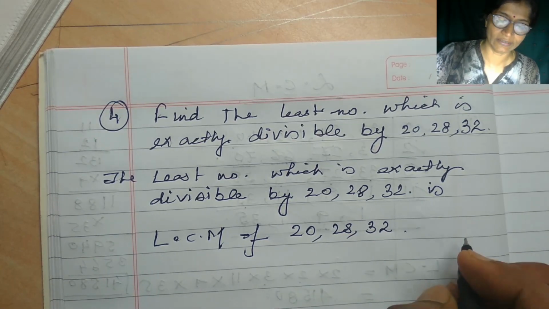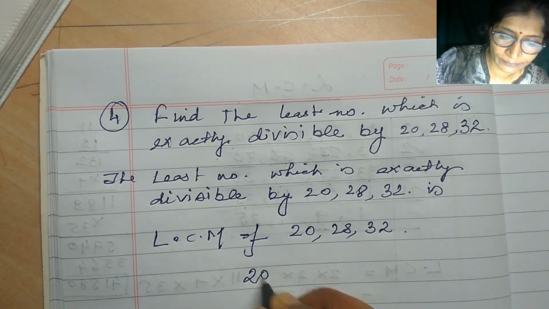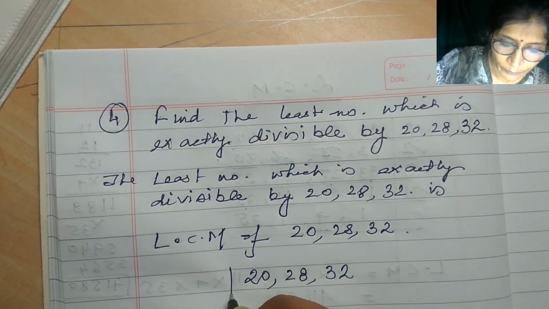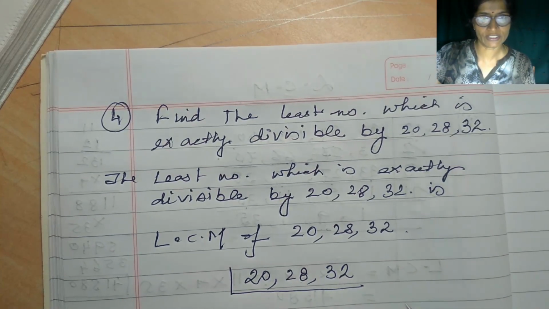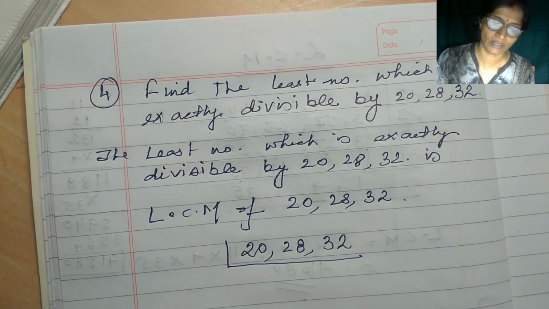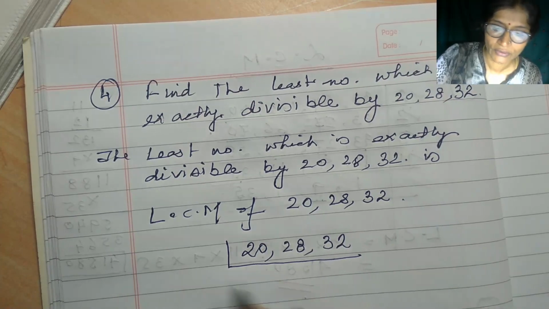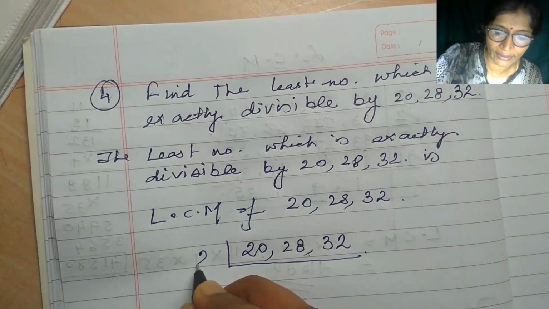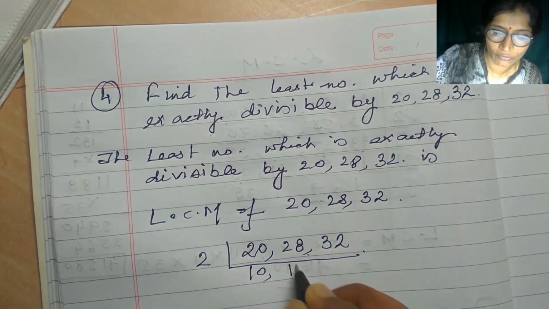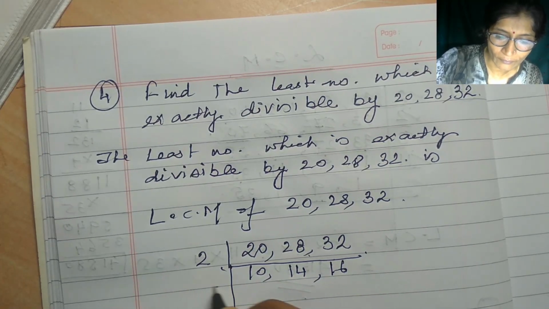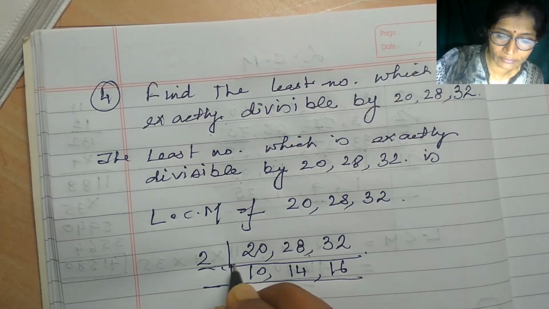So we have to find out the LCM of 20, 28, 32. You can use the prime factorization method, you can use the division method, any one. But this one is easier, I think. So all are divisible by 2. So I write here 2, 10, 14, 16. Again all are divisible by 2.